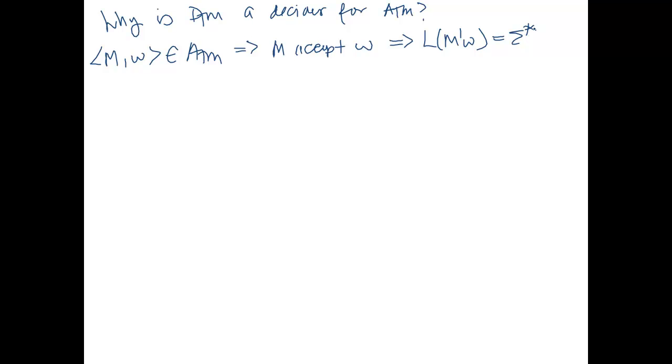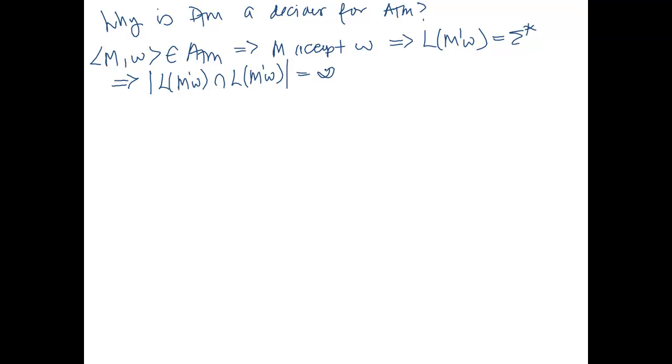Okay, what does that mean? It means that the size of the intersection of that language with itself will always be the size of the language originally. So the size of this intersection is infinity. This is an infinite language because it accepts sigma star. Sigma star is infinite.